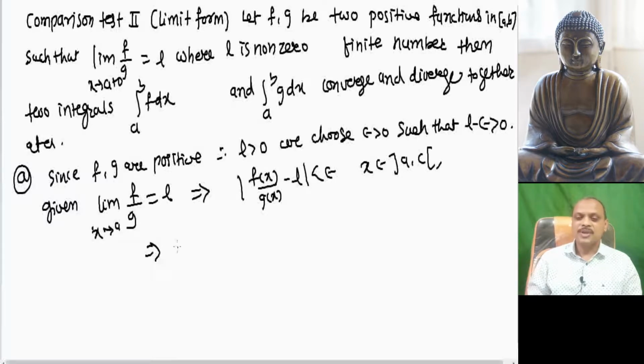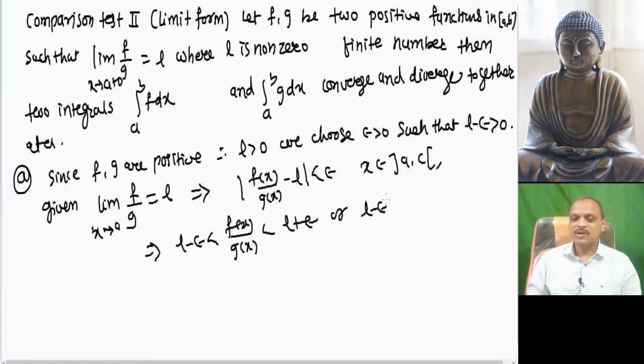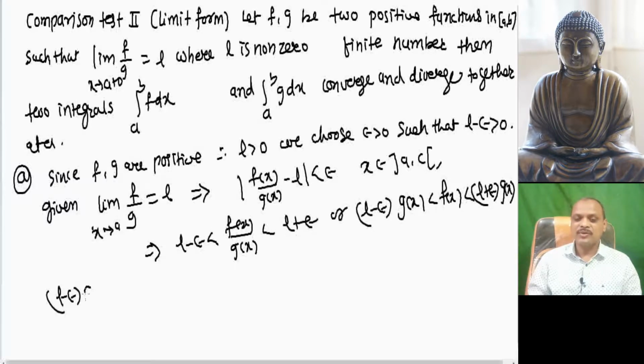So it gives me L minus epsilon is less than f of x divided by g of x, which is less than L plus epsilon, or L minus epsilon into g of x is less than f of x, which is less than L plus epsilon into g of x. Now friend, consider this: L minus epsilon into g of x is less than f of x. Now we can apply the first comparison test.